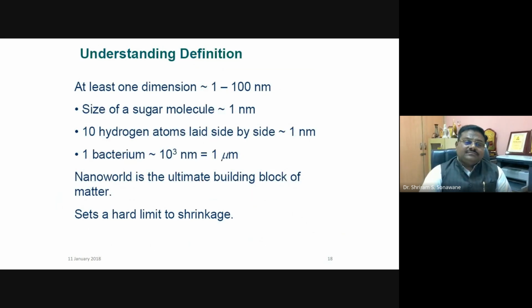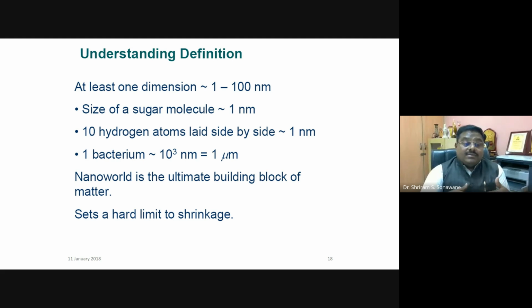As per the definition, at least one dimension, any one dimension, should be in the range of 1 to 100 nanometers. The size of a sugar molecule is around 1 nanometer. Sugar consumption is very dangerous because it reacts with protein very fast, and it may cause cancer. The length of one molecule is 1 nanometer. 10 hydrogen atoms laid side by side combine to make 1 nanometer.